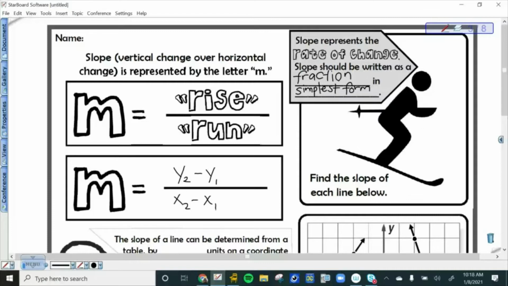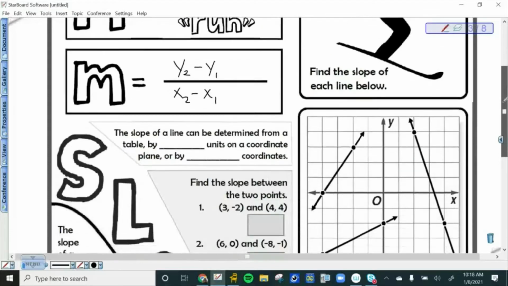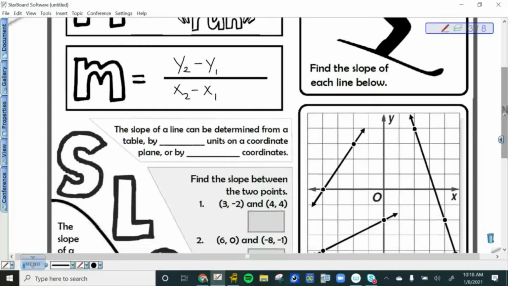So, the slope of a line can be determined from a table by counting units on a coordinate plane or by subtracting the coordinates. When we were looking at these shapes, we were counting the units on the paper, right? And that's how we were determining the slope.